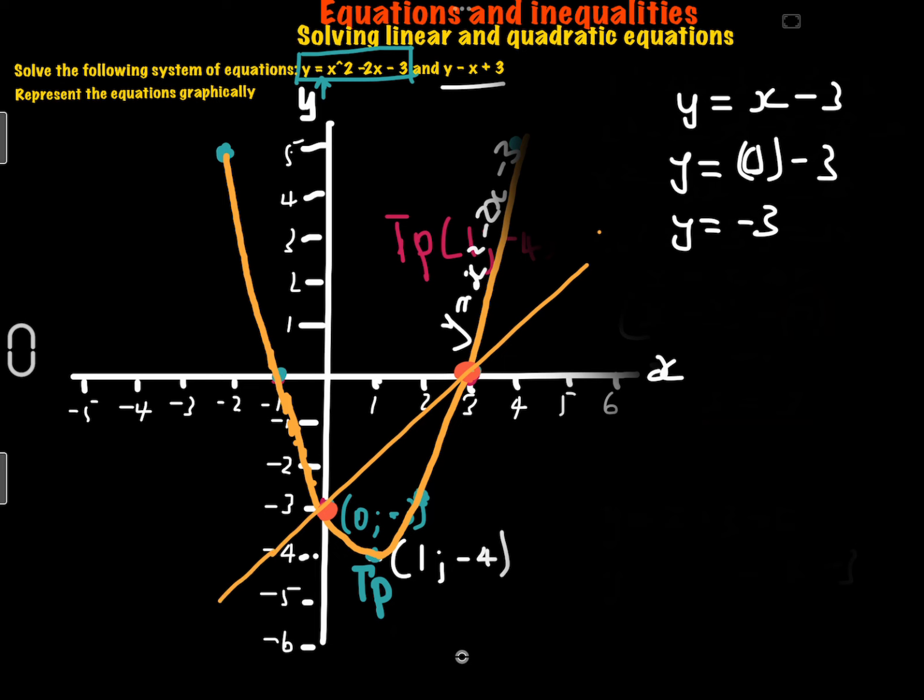This line represents y is equals to x minus 3. Now I've solved the system of equations of the quadratic equation, y is equals to x squared minus 2x minus 3, and y is equals to x minus 3. And I've also found the intercepts of those two equations.